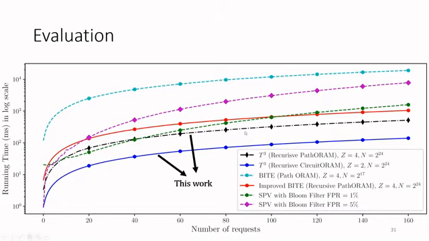And we show that if the system uses recursive Path ORAM, the performance of the system will be significantly improved. In this figure, we can see the performance of T3 is shown in the dashed black line and blue line. And the performance of our system is better due to the use of read-only access, which does not require eviction.